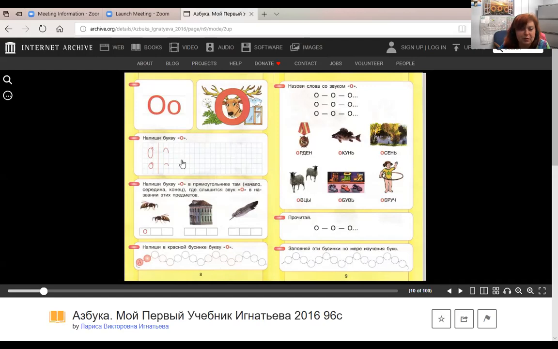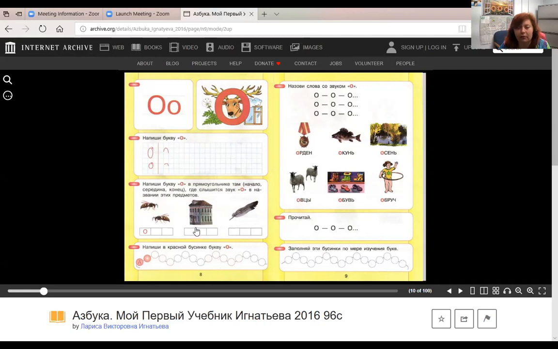So this is the assignment for them to write letter O, in which word it starts with letter O, in which word it's at the end, or where it's in the middle. So osa, this insect is called osa in Russian, and O is the first letter, so they would write O here.